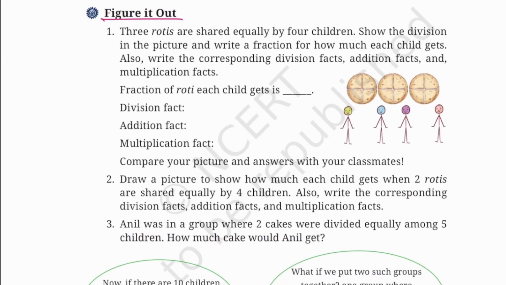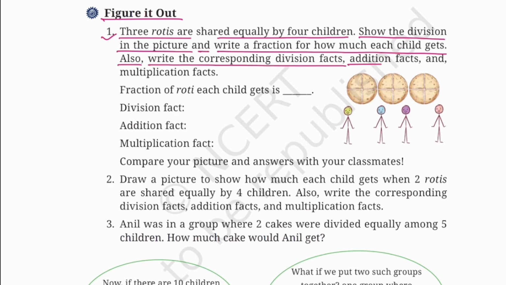Figure it out. 1. 3 rotis are shared equally by 4 children. Show the division in the picture and write a fraction for how much each child gets. Also, write the corresponding division facts, addition facts, and multiplication facts.